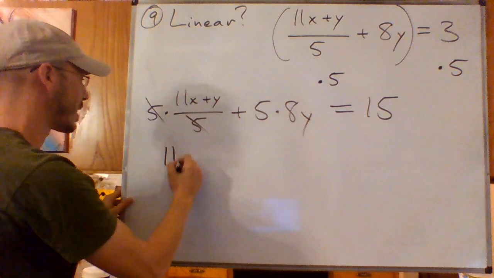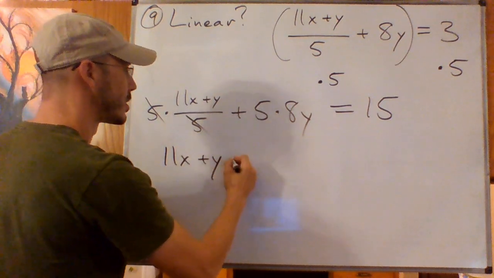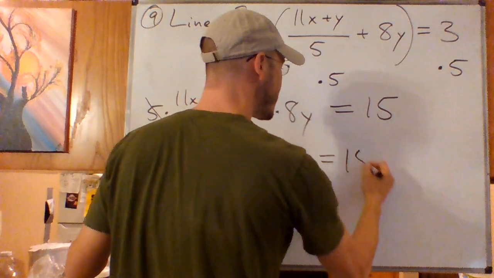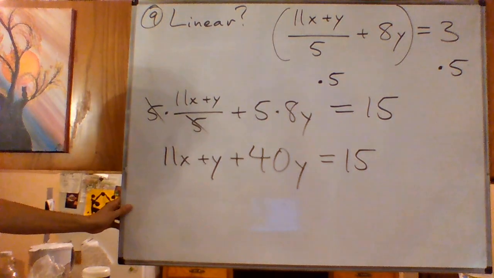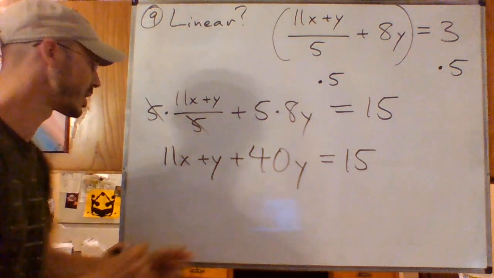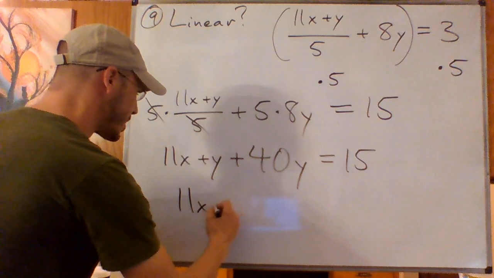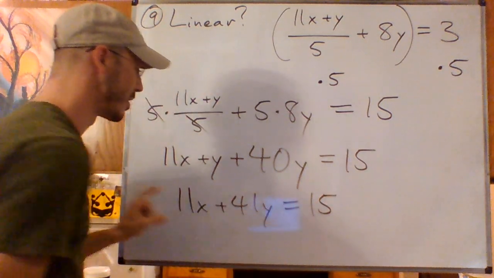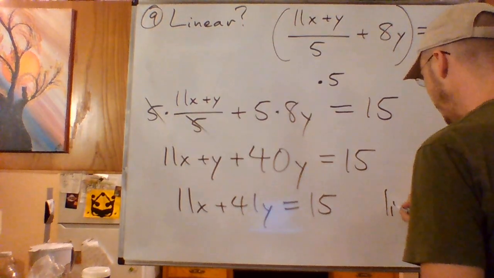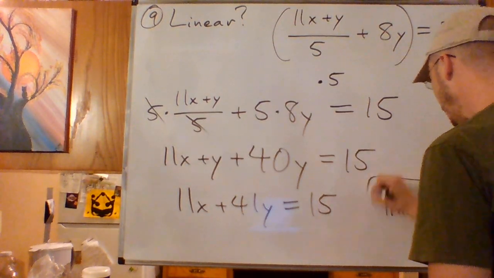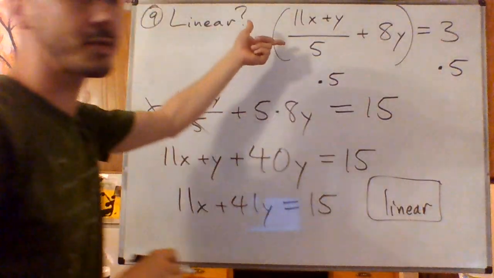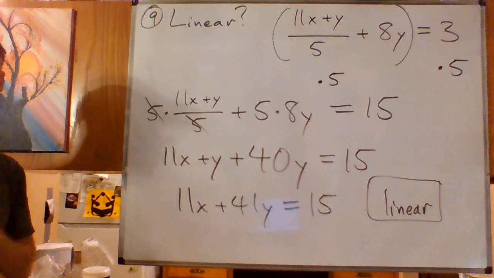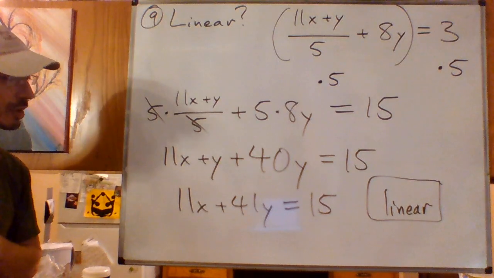I'm left with 11x plus y plus 5 times 8 is 40y equals 15. And if I combine these two like terms, 11x plus 41y equals 15, that is linear. So it didn't look linear at first. We had that fraction expression, but when I simplified it, it's just a linear equation in 2 variables.